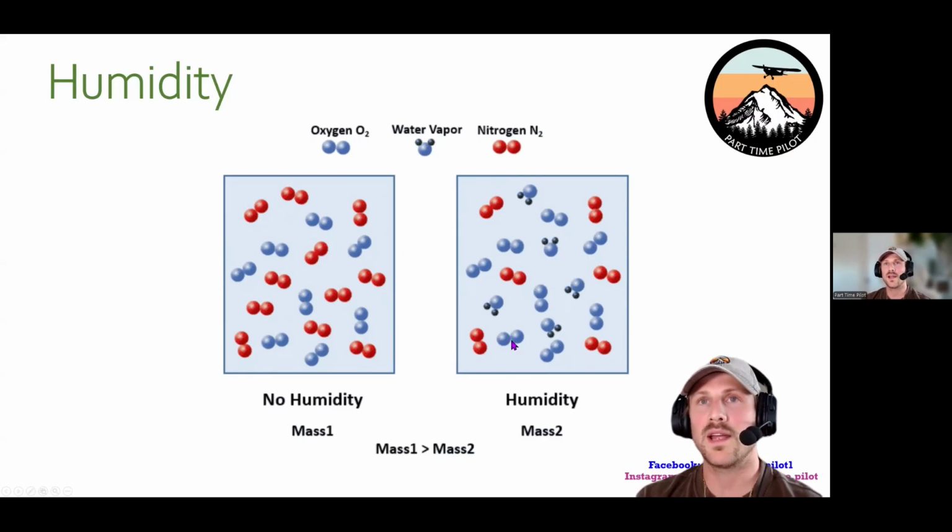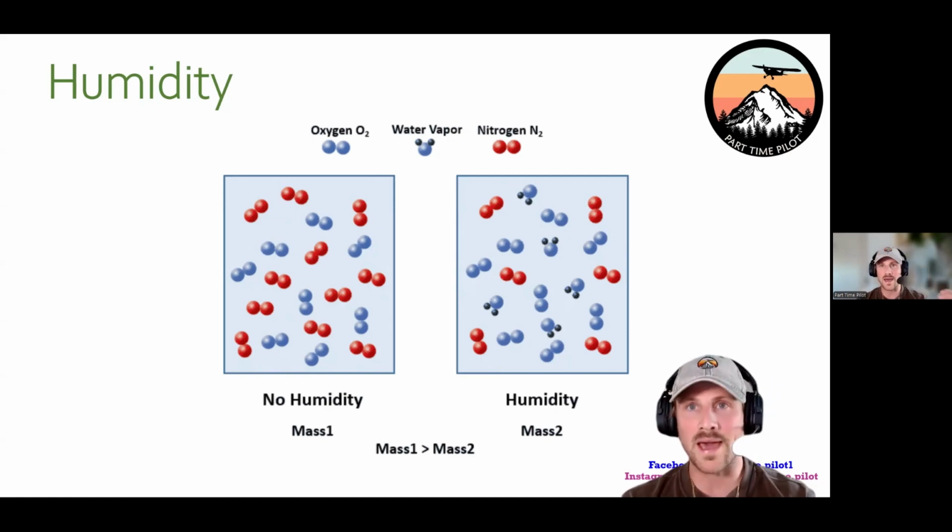And our water vapor has less mass than our nitrogen and our oxygen. So our mass over here in humid air is less than our mass over here in non-humid air. And remember, density is mass over volume. So if we're decreasing our mass in humidity, we're decreasing our density, because density is mass divided by volume.